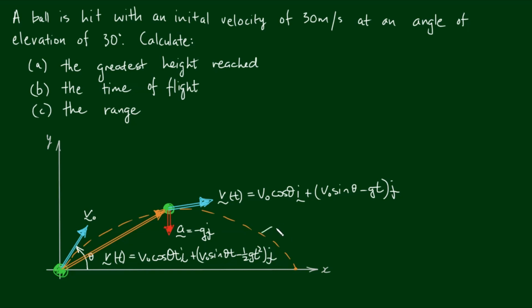And we found that the equation of the trajectory is y is equal to x tan theta minus x squared by g on 2 times the initial velocity squared by 1 plus the tan squared of theta. So for part A, the greatest height reached, let's simplify our diagram.